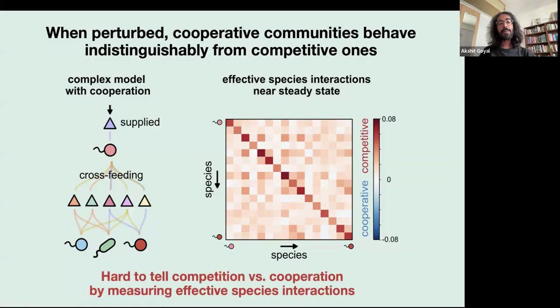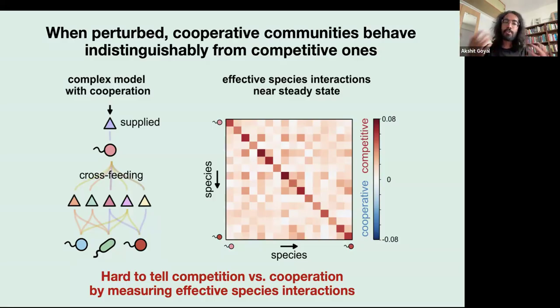And I think this is actually pretty important because there's been a lot of debate, especially in the microbial literature, about whether it is more common that you see competitive interactions or cooperative interactions, right? And there are lots of papers that people write about, oh, I think it's competitive interactions, and oh, I think it's cooperative interactions.